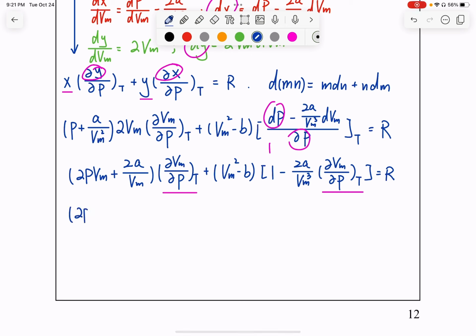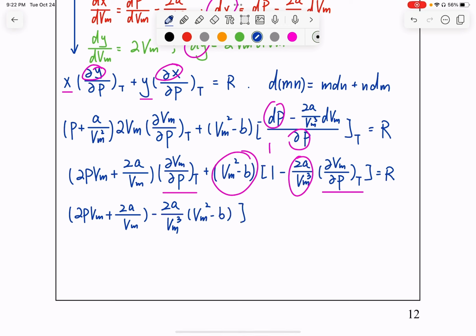In here we have 2pVm plus 2a over Vm, and this thing will minus what we have here: 2a over Vm third times Vm squared minus b, times the partial derivative of Vm over p at constant T. And on the right-hand side, we want to move this 1 to the right-hand side. So we have R minus Vm squared minus b.